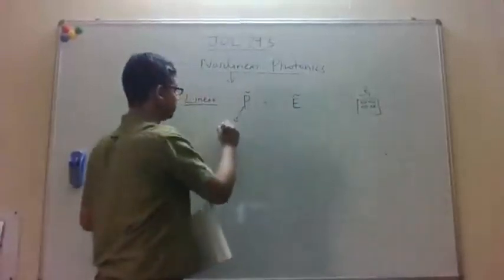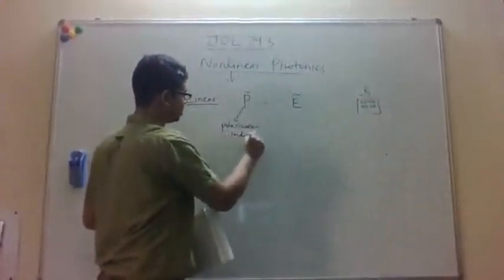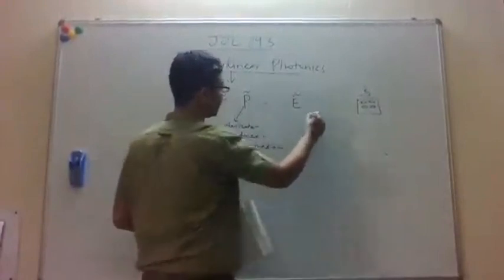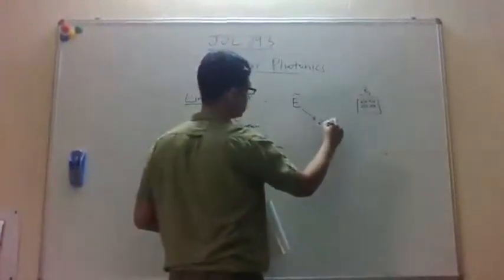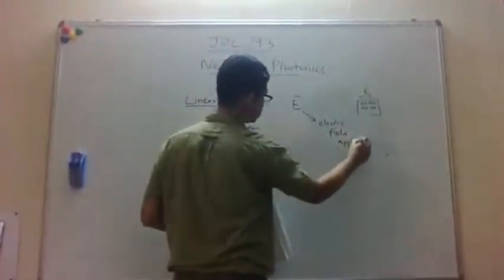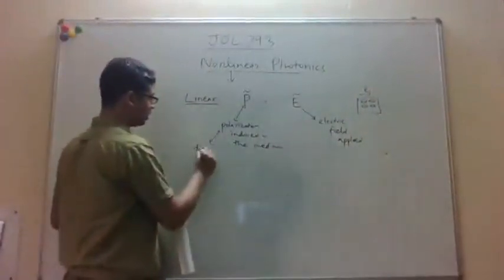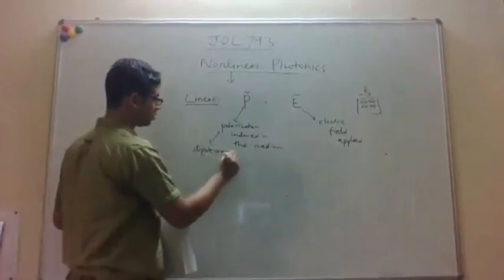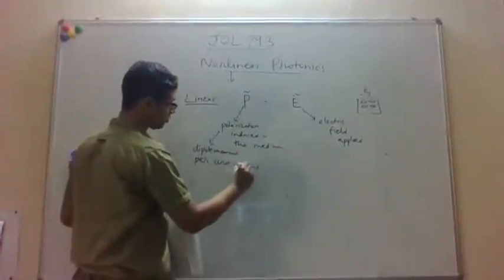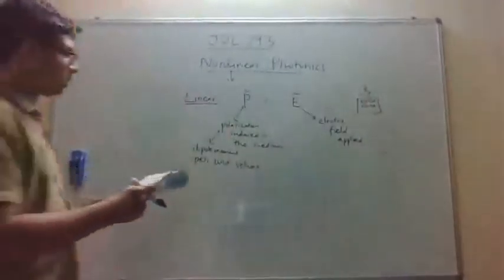So this is the polarization induced in the medium, and this is the electric field applied. Polarization is basically the dipole moment per unit volume. You create these dipoles, and per unit volume, that's the polarization.